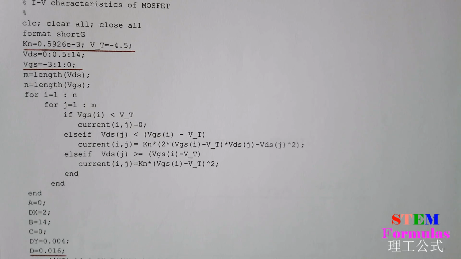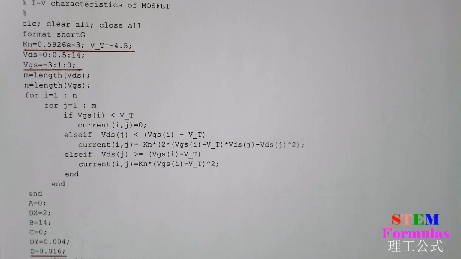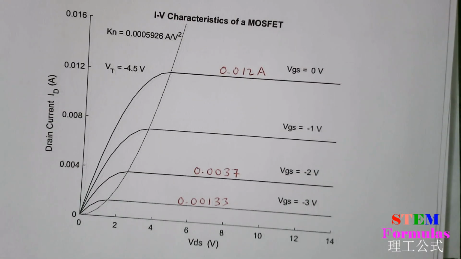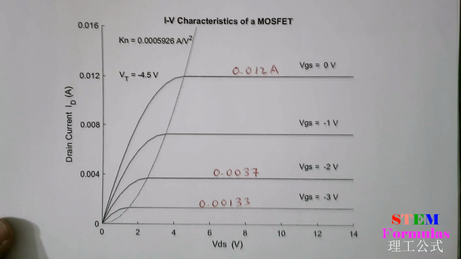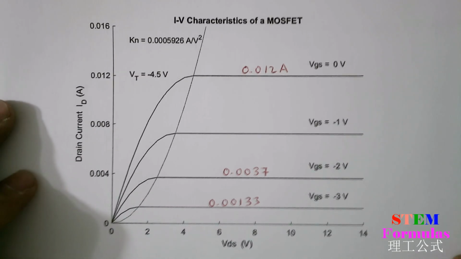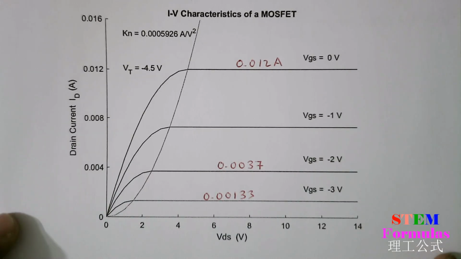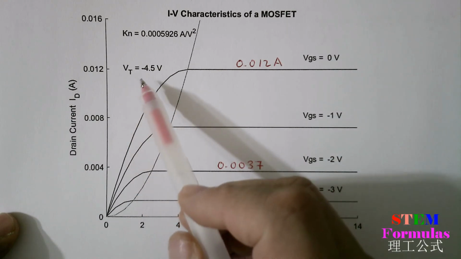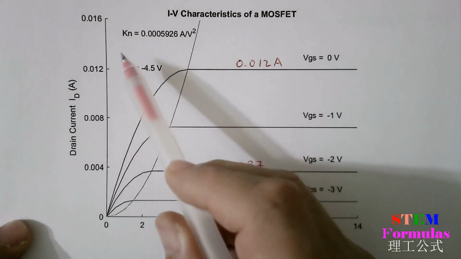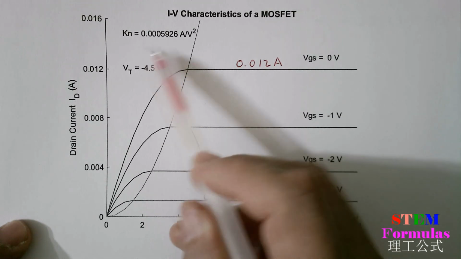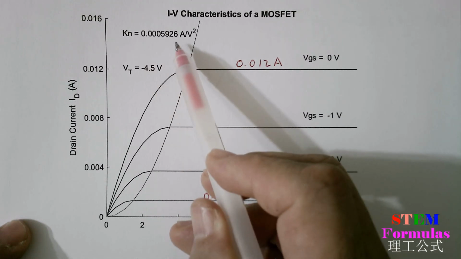Now I have the code, then I can show you the results of the Matlab plot. Here's the Matlab plot. So I have Vt minus 4.5 and Kn equal to this value in SI unit.